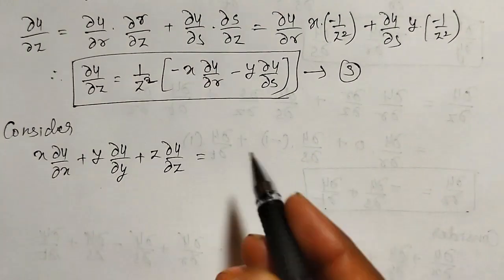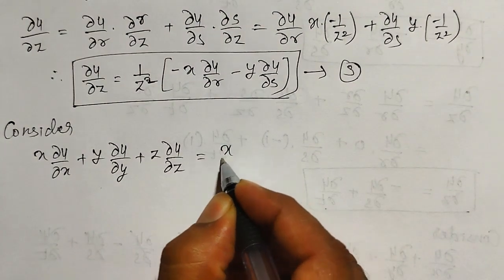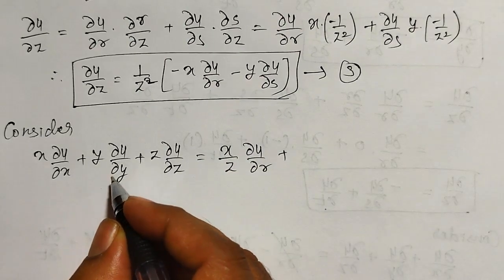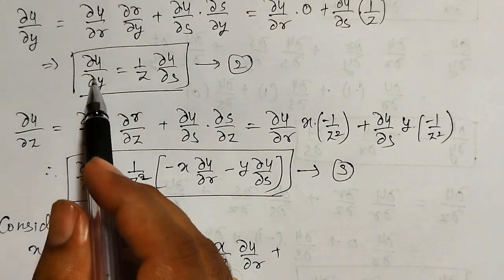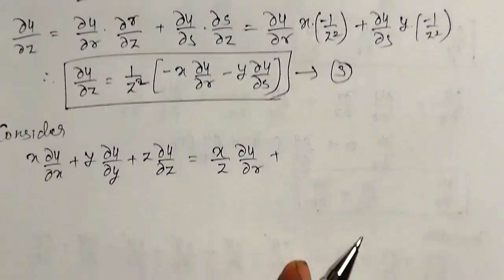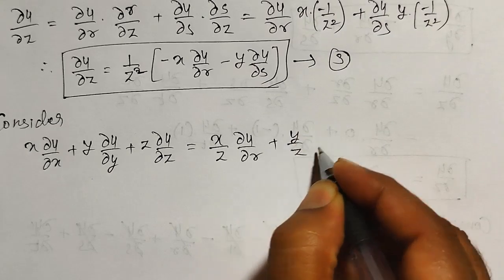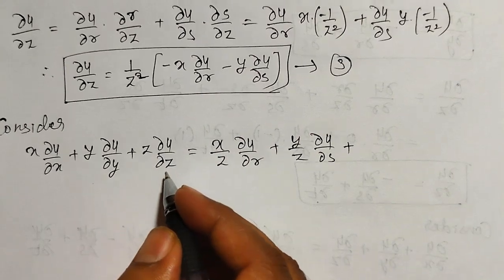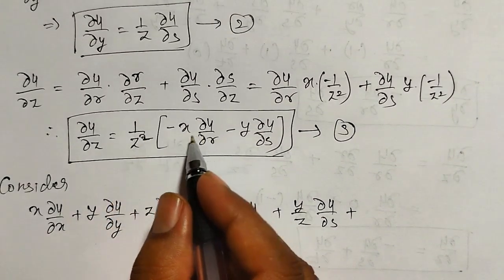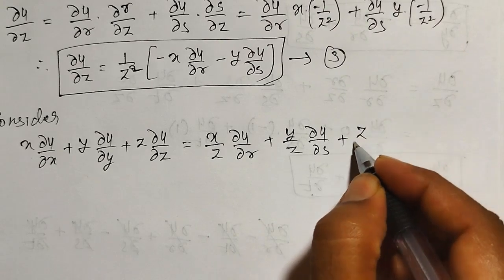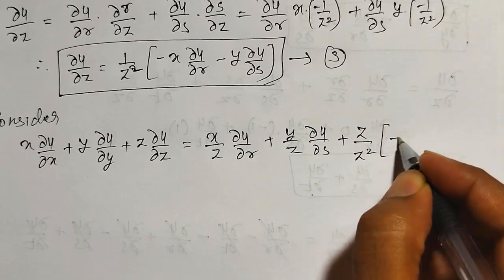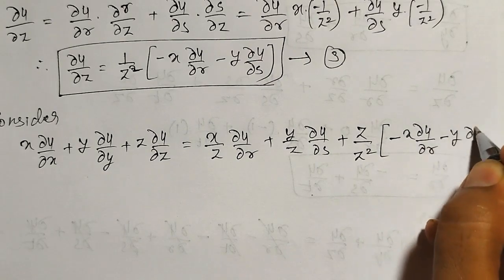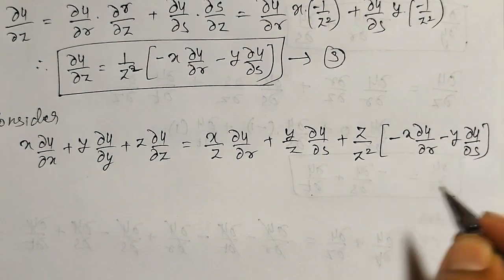Therefore, it becomes x/z into ∂u/∂r plus y, equation number 2, ∂u/∂y is 1/z into ∂u/∂s. Correct? y/z into ∂u/∂s plus z into ∂u/∂z. Z into this. Correct? Z divided by z² into minus x ∂u/∂r minus y ∂u/∂s.